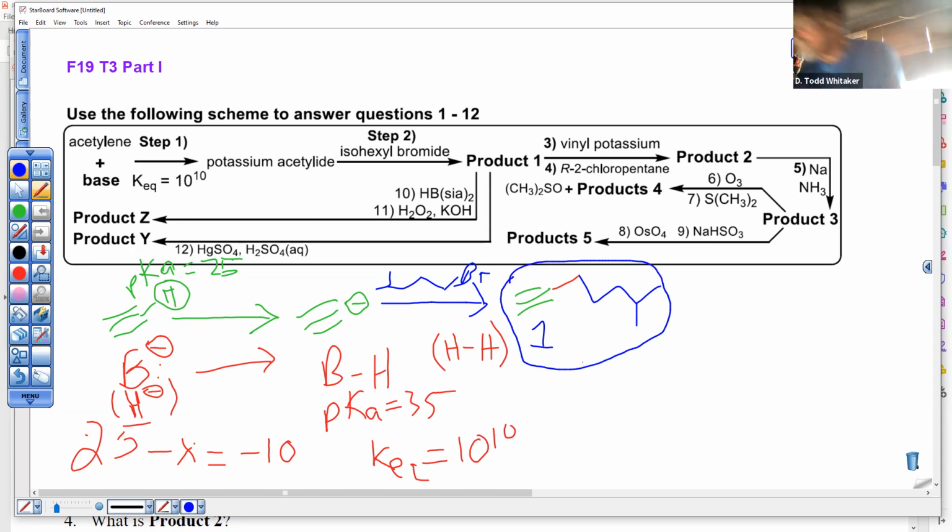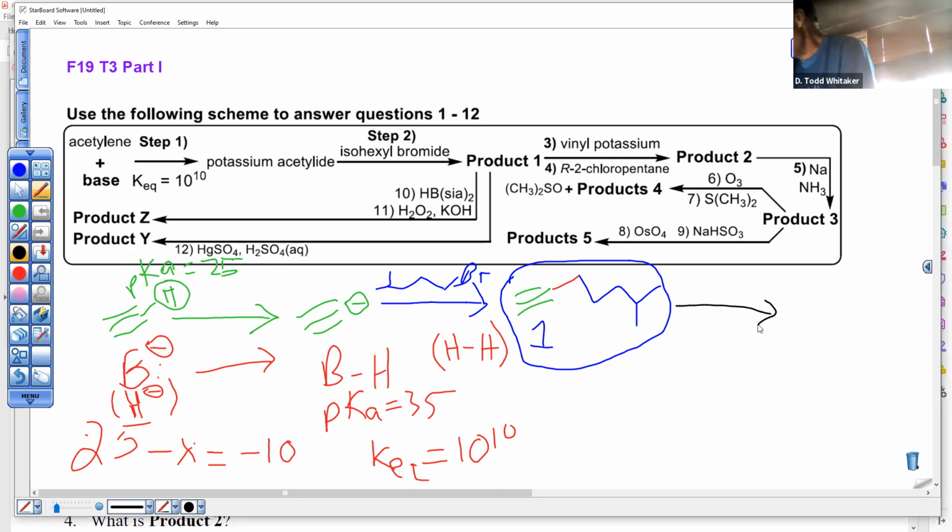Okay, so then what's the next step after that with the vinyl potassium? You can go 3 directions, but I assume you want to go this way next. Okay, so vinyl potassium. And if you don't know what vinyl potassium is, that's okay, because in the multiple choice question number 1, it tells you what vinyl potassium is.